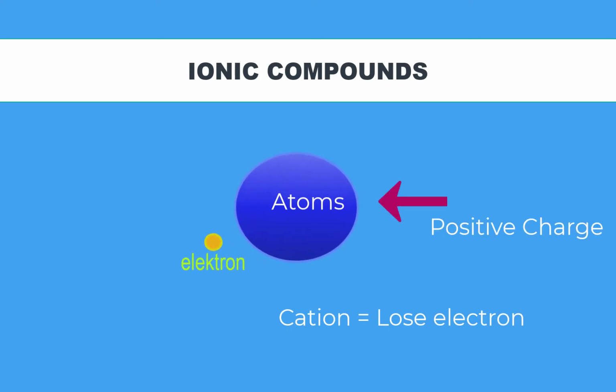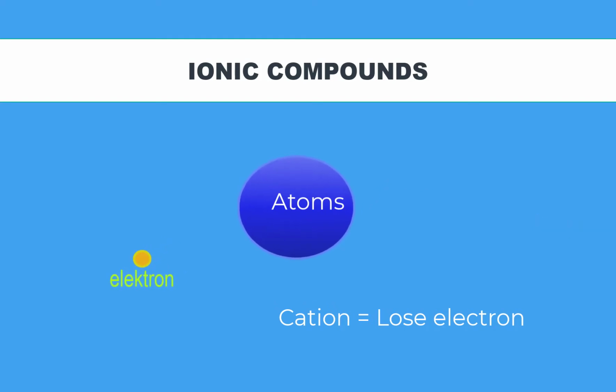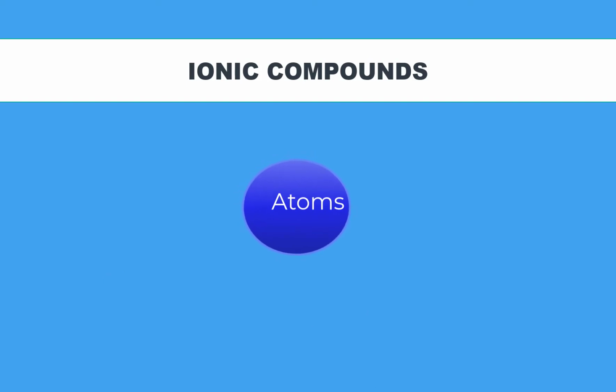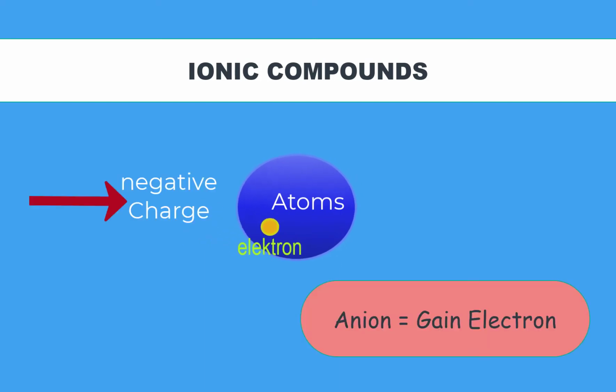Remember, the element that acts as the cation is a metal, and metals are of two kinds: some elements can have only one charge number, and other elements can have more than one.